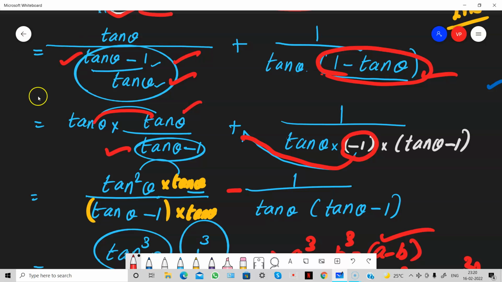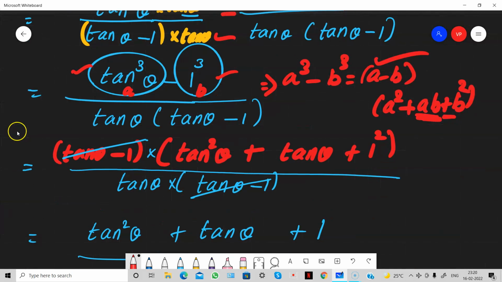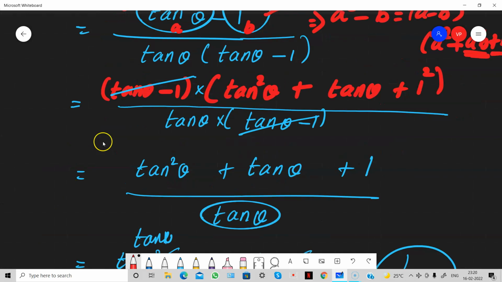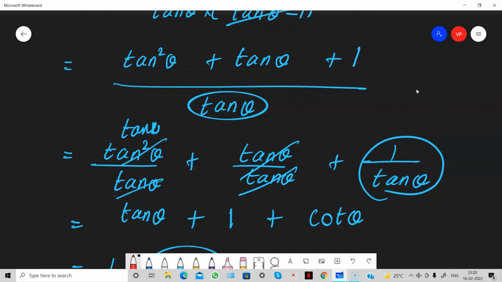Right? Yes. So, then again, the denominator is not equal, so we are multiplying tan and tan. So, we have tan cube minus 1 cube. So, we are using the algebraic identity. Right? And using the identity, we can cancel one term, tan minus 1. And we are splitting this one. Right? The denominator is equal for everyone. So, we are splitting, so we get 3 terms.